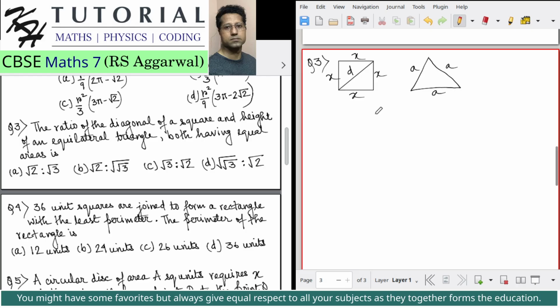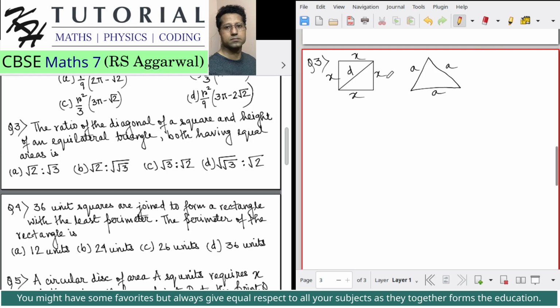We have to find the ratio of the diagonal of the square and the height of the equilateral triangle, where it is given that the areas of these two figures are the same.